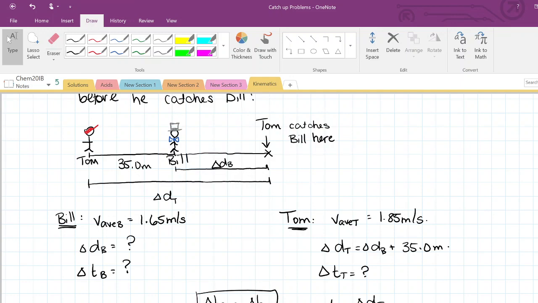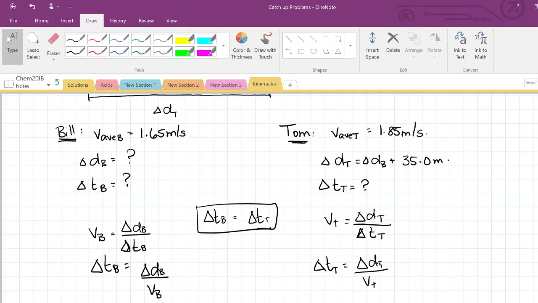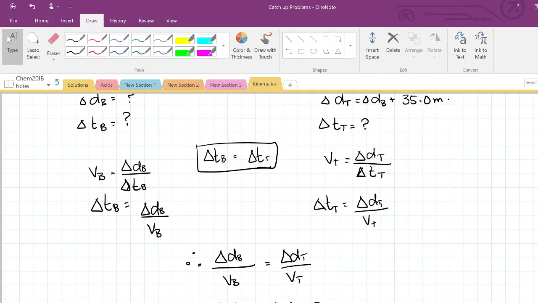So I'm going to set up my speed is equal to total distance for Bill over total time for Bill. And then I'm going to set up on this side my speed for Tom is equal to his total distance over his total time. Now, I know that the times are equal, so what I want to do is isolate for the time, for time Bill and for time Tom.